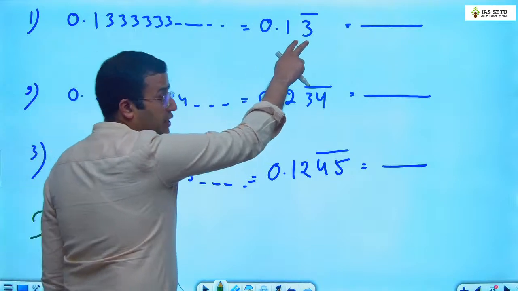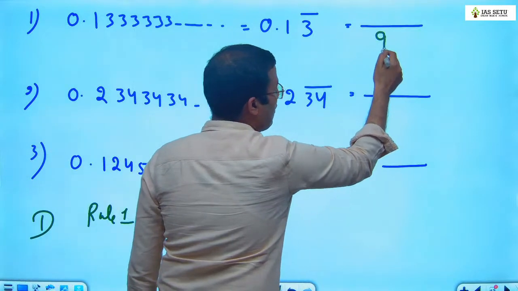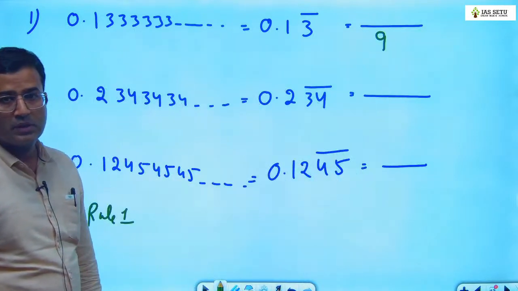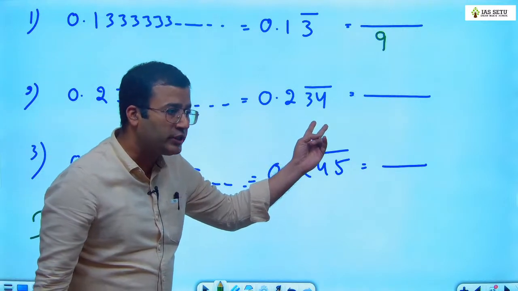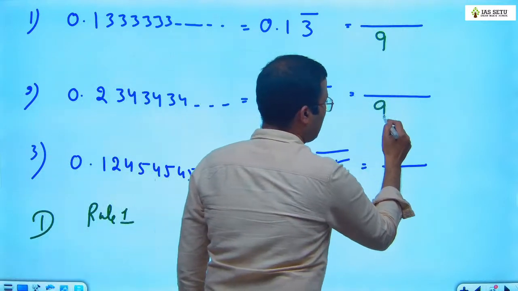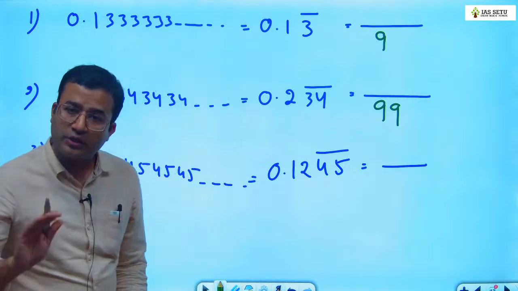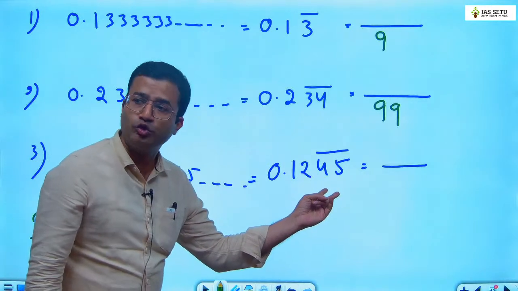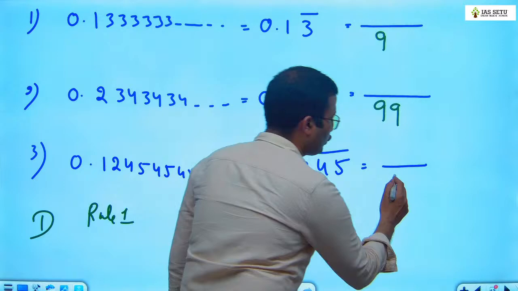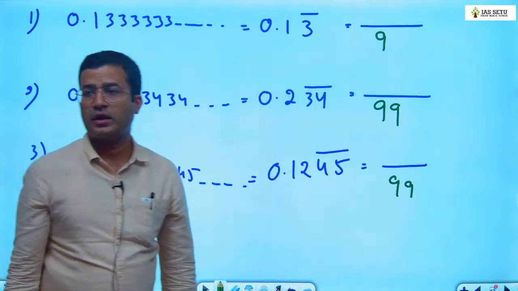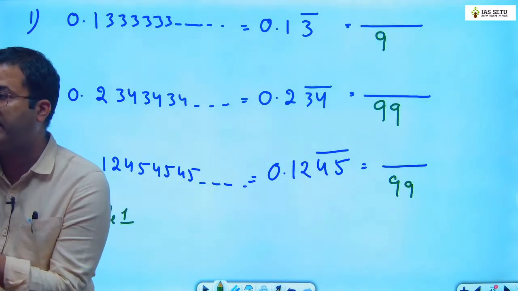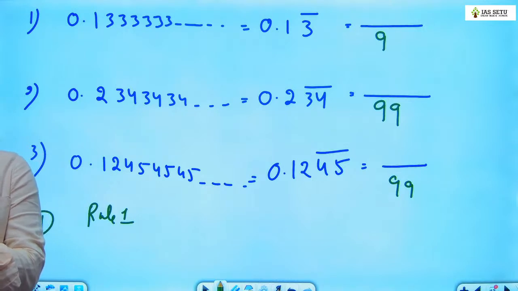There is 1 digit under the bar, we put one 9. In the second question there are 2 digits under the bar, we put double 9. In the third question also there are 2 digits under the bar, so we put 2 nines.